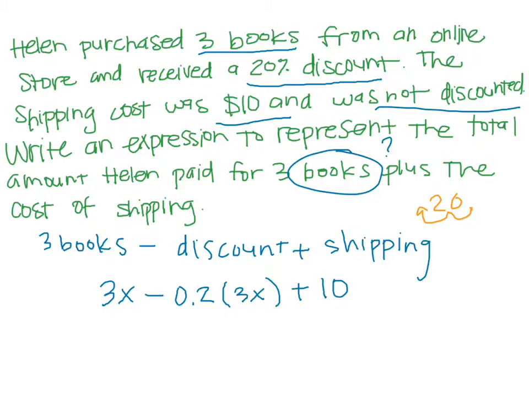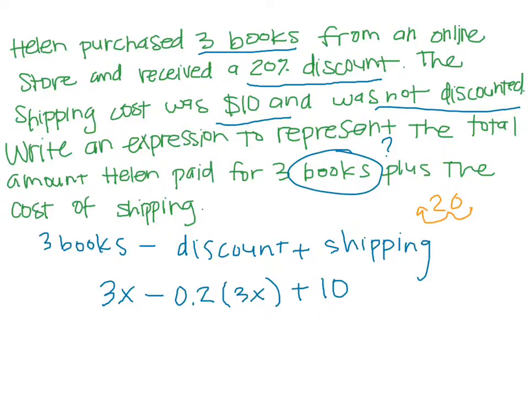So what I have right now is 3x minus 0.2 times 3x plus 10. Let's simplify that using those 4 steps that we talked about in part 1 of the lesson. So first I need to distribute, but right here there actually is no need to distribute because there's only one number inside the parentheses.